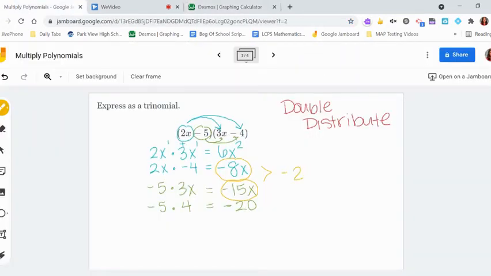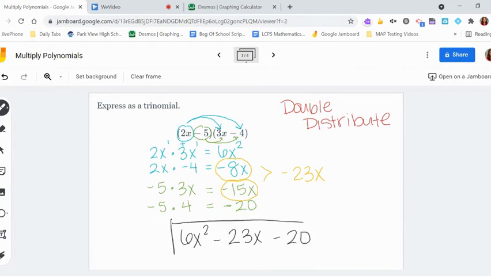So I have -23x. All right, so when I write my answer, I'm going to put the 6x squared minus 23x plus 20. That is your answer when you multiply.